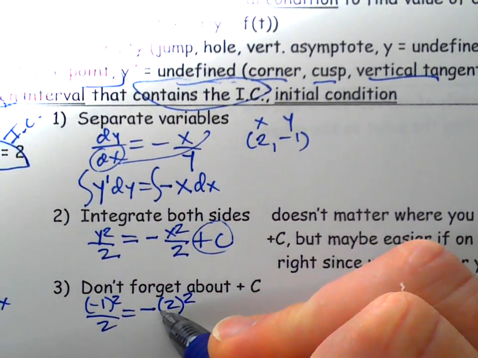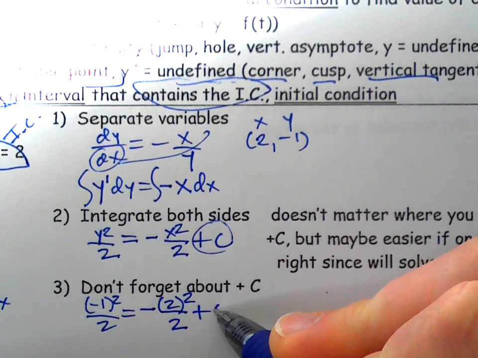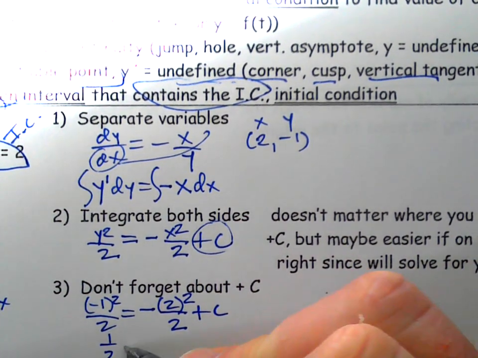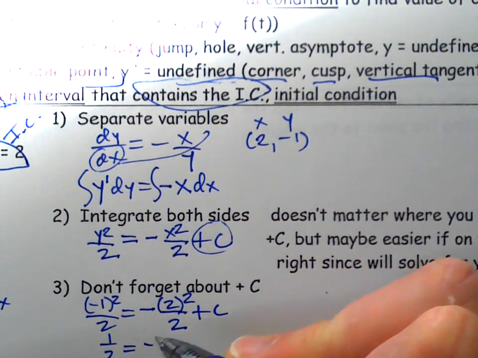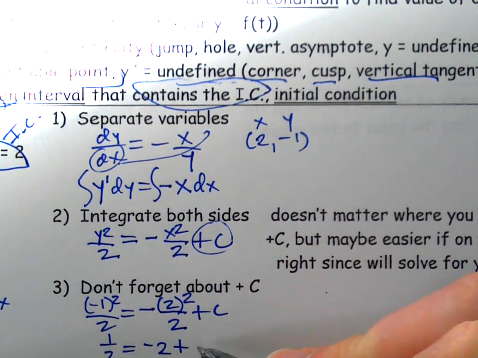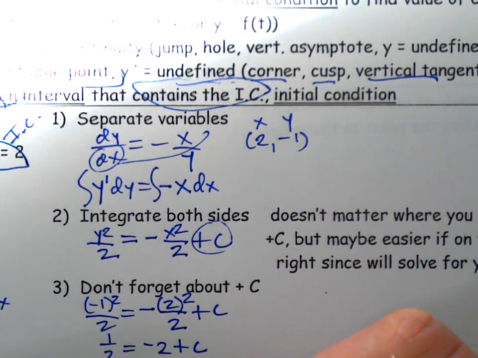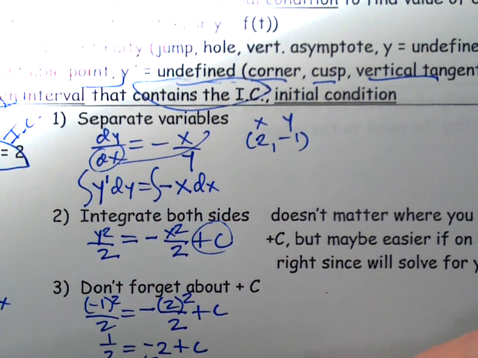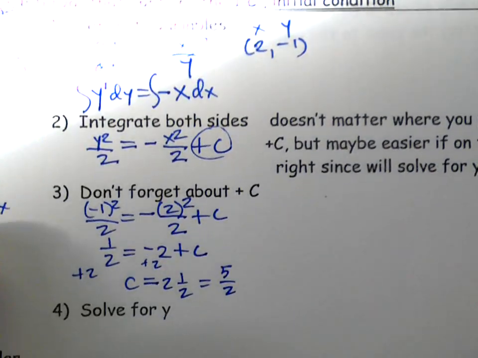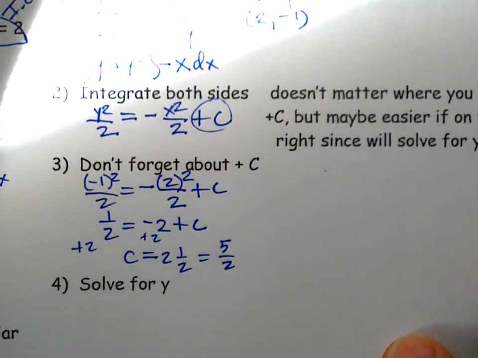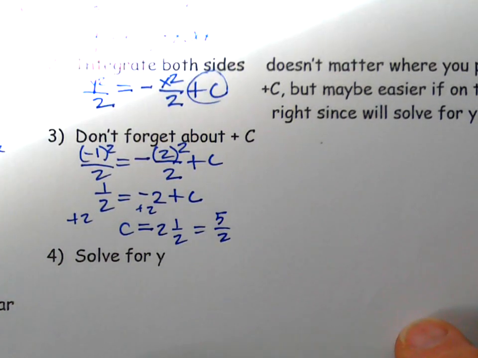I'm always careful about plugging things in with parentheses. So we get 1/2 equals negative 4 over 2, which is negative 2, plus c. And so c equals, we're going to add 2 to both sides, c equals 2.5, but let's rewrite that as 5/2. That's going to be easier to work with. I don't think we want mixed fractions in our work.